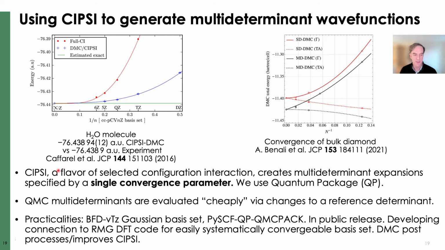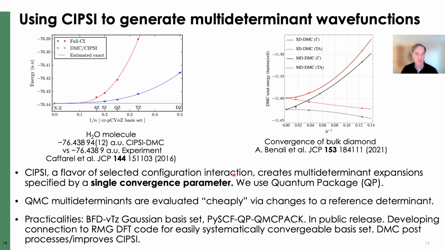First of all, what is CIPSI? CIPSI is one of the multiple flavors of selected configuration interaction techniques that exist. And it's a perturbative method for growing a multi-determinantal expansion, importantly given by a single convergence parameter.